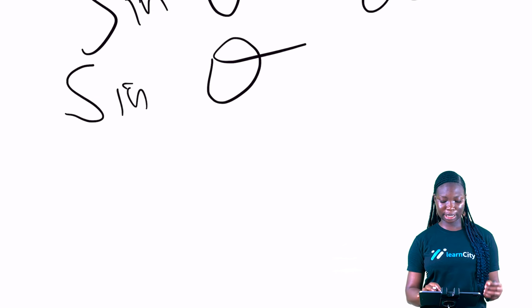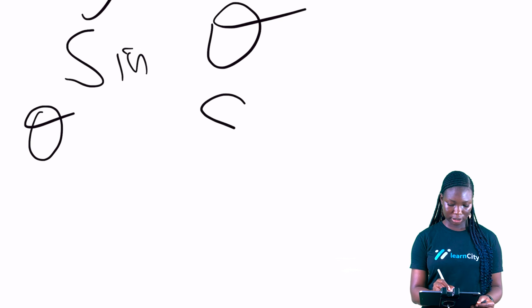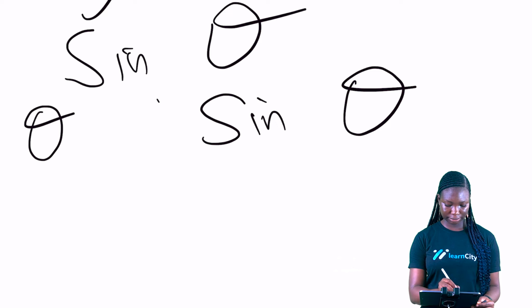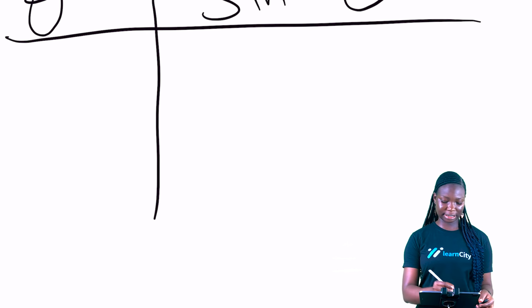Now we form a table where we have theta and sine theta. From 0 degrees to 360 degrees, we use an interval of 30 degrees.